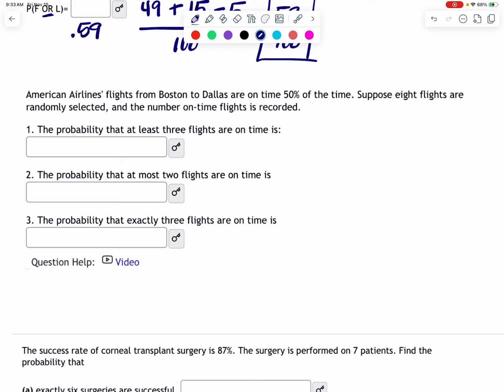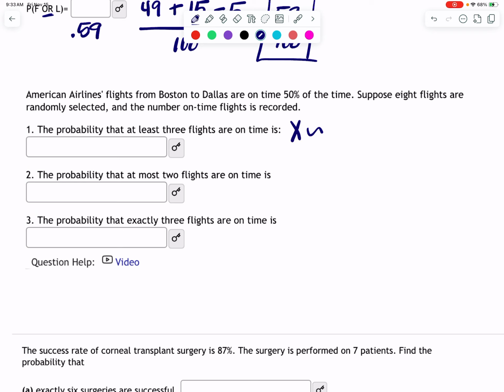Okay, American Airlines flights are on time 50% of the time. Suppose 8 flights are randomly selected and the number of on-time flights is recorded. So this turns out to be a binomial distribution.